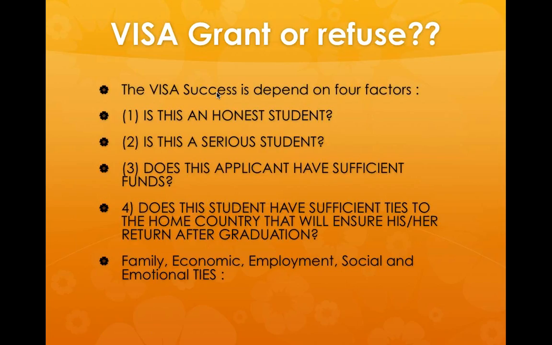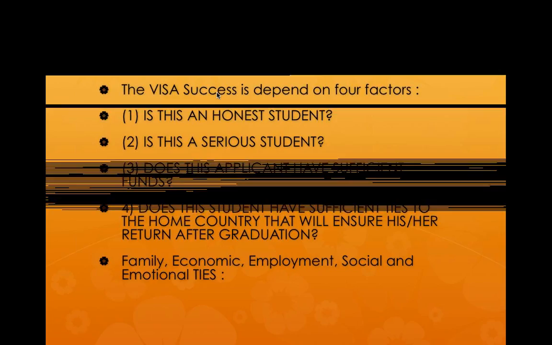Okay, so visa grant or refusal. Before I start this slide, I would like to make sure you understand a couple of things. We are not here to give you guidance on what you should answer, but we are here to give you the basics of a visa: how you can be granted a visa, and how you can succeed in your visa interview.